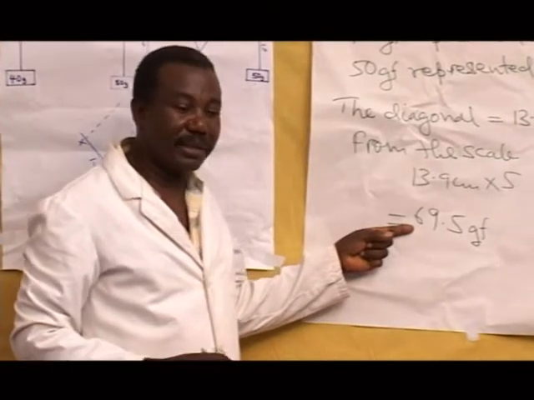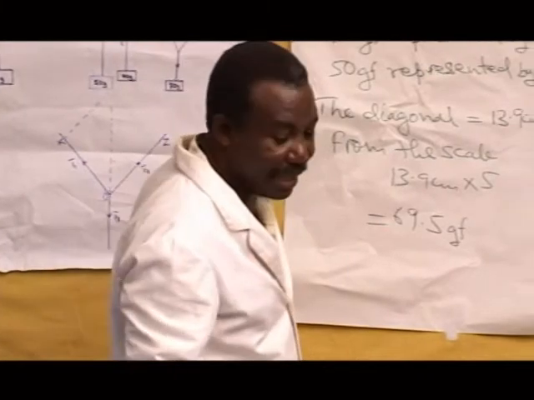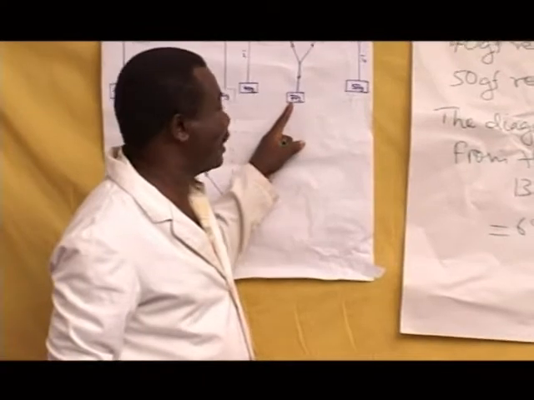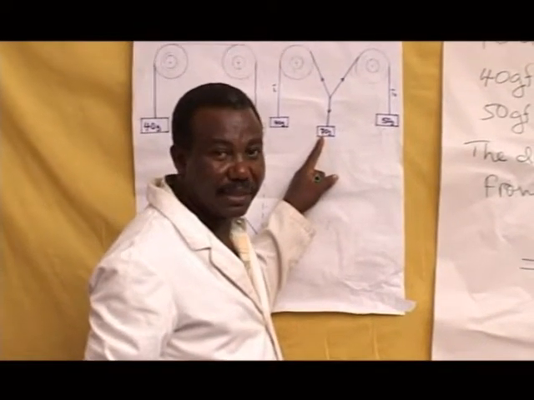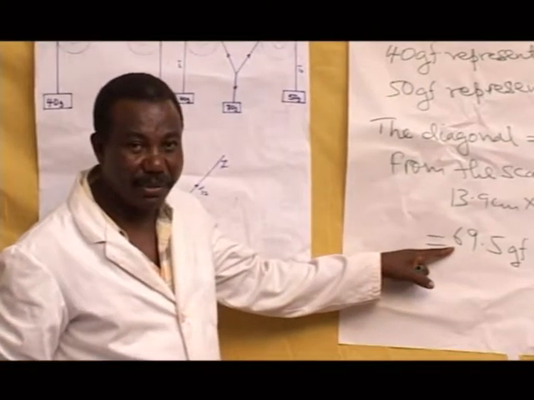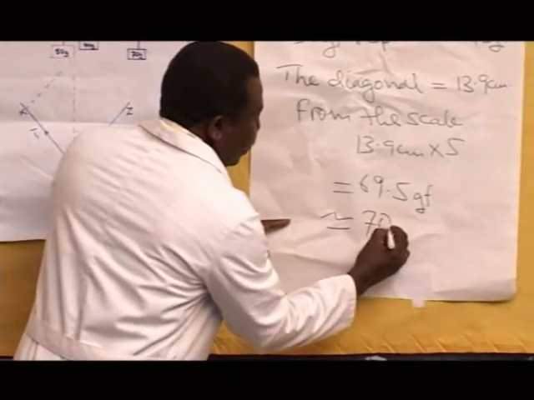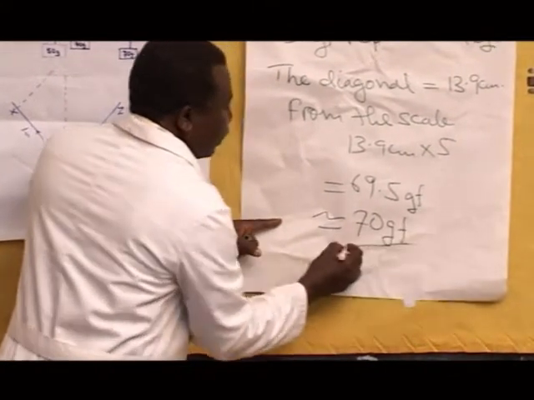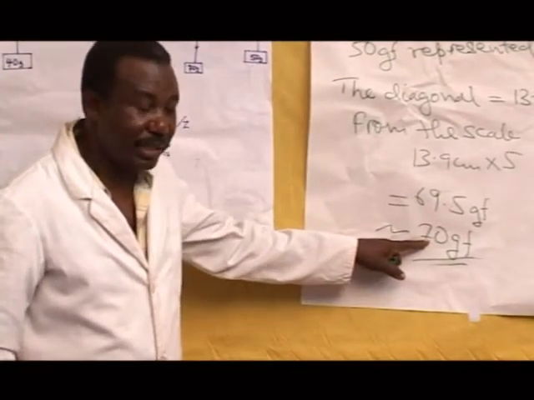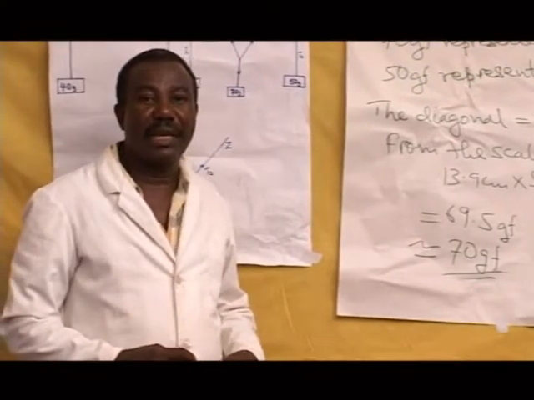When you compare it with the mass which was hanged at the center, which was 70 gram force, we found that this one is approximately, when we make an approximation, almost the same as that mass which was hanged at the center.